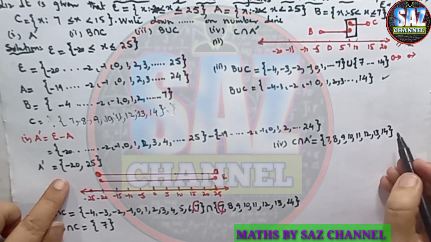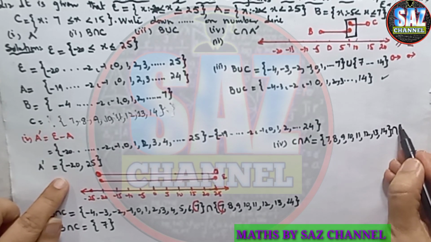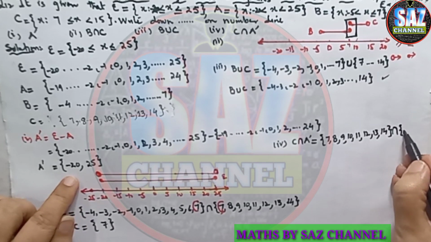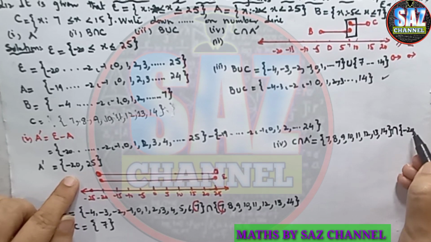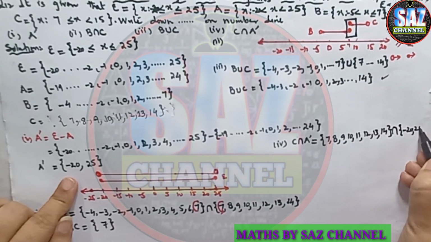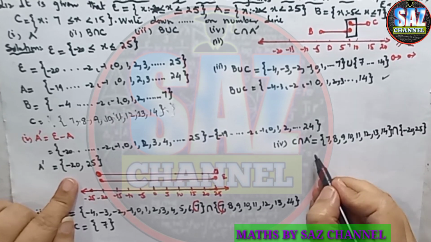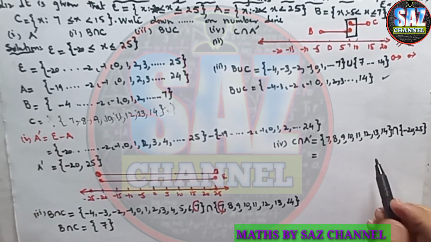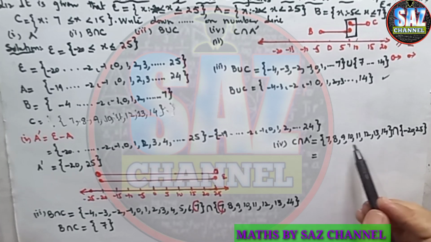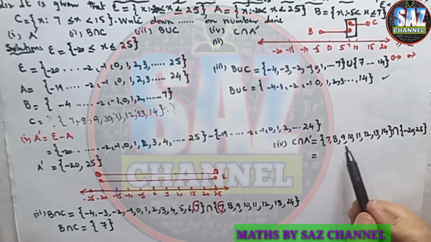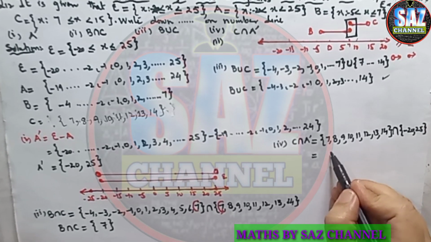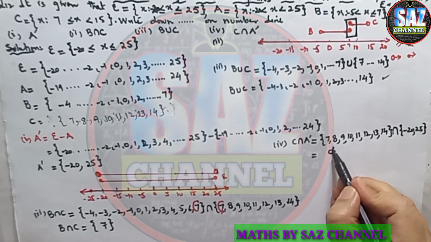Intersection A complement is minus 20 and 25. Intersection means common elements only. So if you look at both these sets, we can see that there is nothing common. So the intersection will be the empty set.